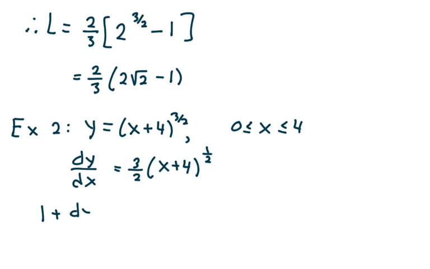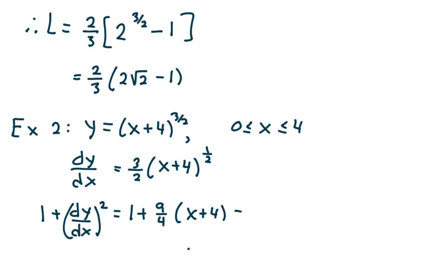So 1 plus dy dx to the second power is 1 plus... Now, I need to square 3/2 to get 9 over 4. And I'm going to multiply by x plus 4. Just like this.